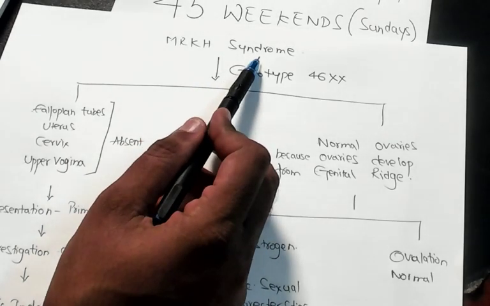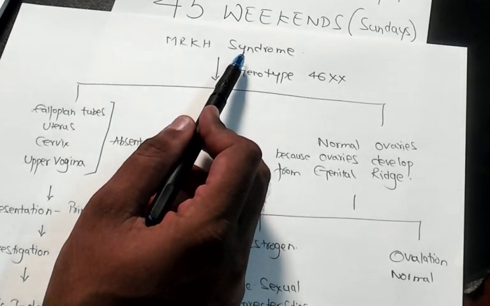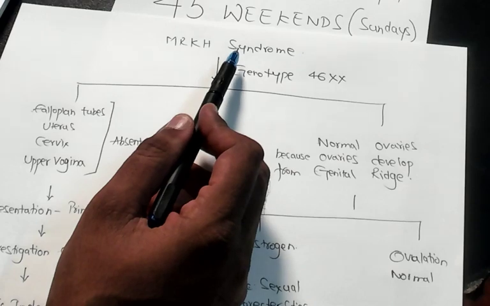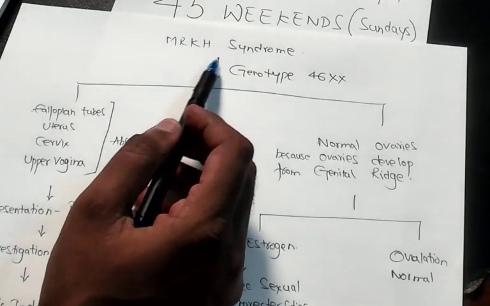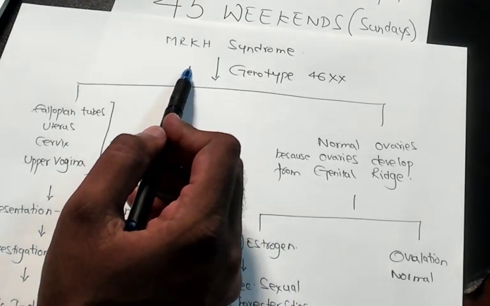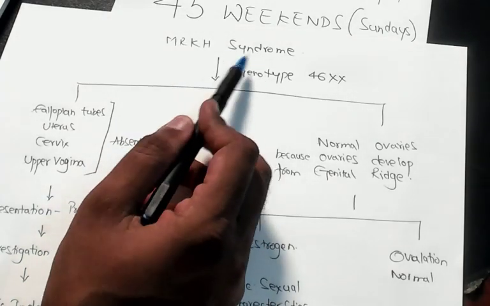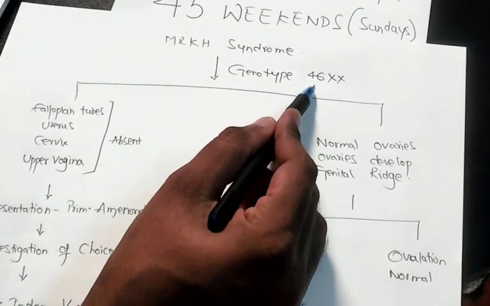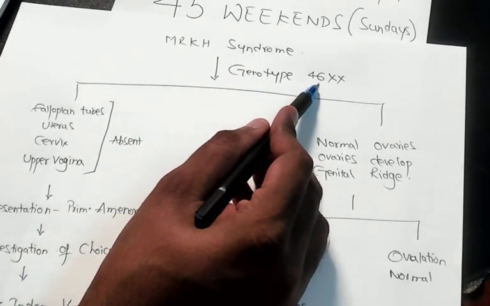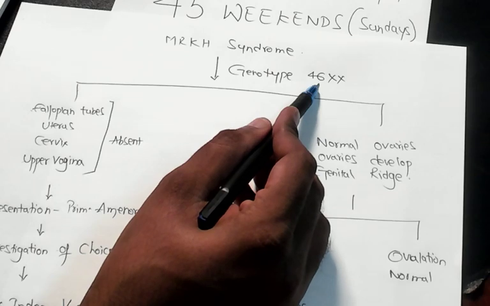Mayer-Rokitansky-Kuster-Hauser syndrome, a tongue twister that can lead to fracture of the tongue if you don't properly pronounce it. It is a Mullerian agenesis. Basically, in Mullerian agenesis, the underlying genotype is female. Who is the close differential diagnosis?